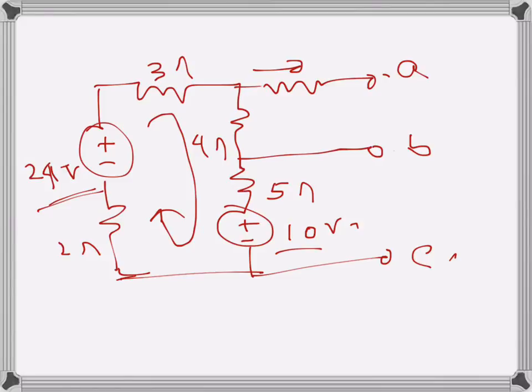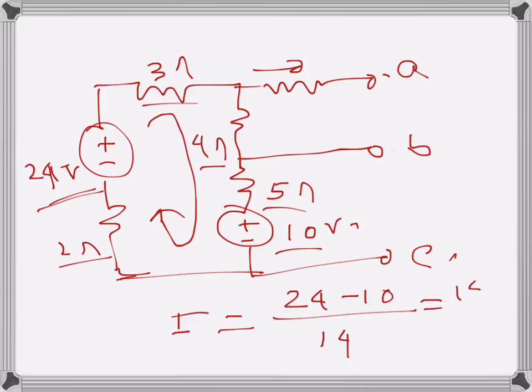So the current will be 24 minus 10, the resultant EMF, divided by the sum of these four resistances: 2 plus 3 plus 5 plus 4, so 9, 12, and 14. So this is 14 over 14, that's 1 ampere.